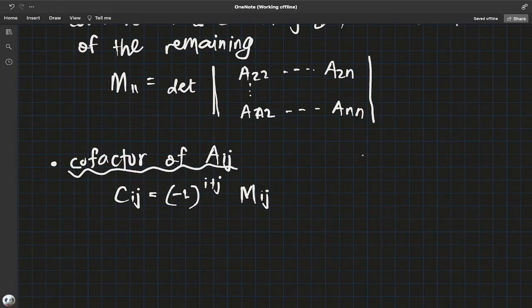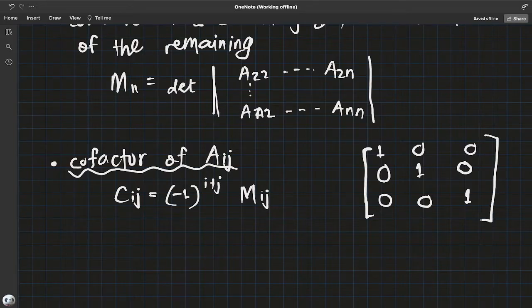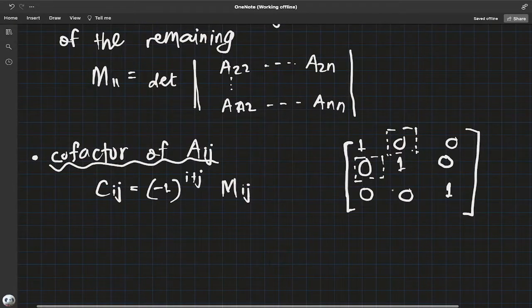So in the case of a 3 by 3 matrix, let's say we have the identity matrix. The positions which will have a negative sign, where this i plus j term will be odd, is this for 1 plus 2, this 2 plus 1, this, and this.